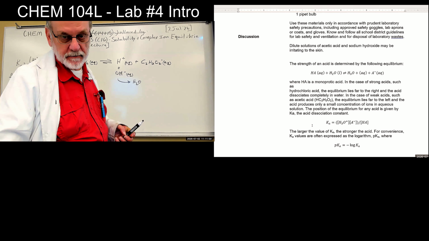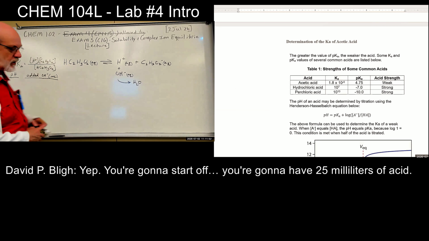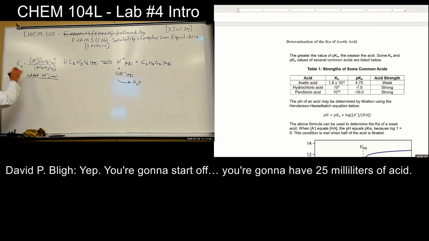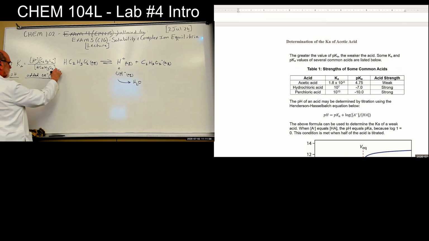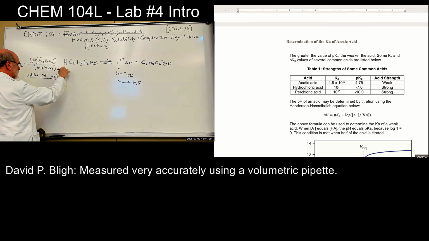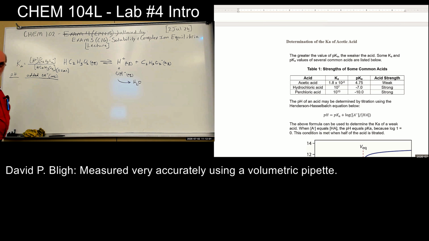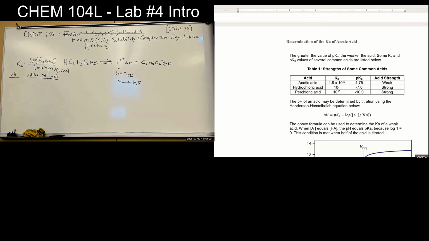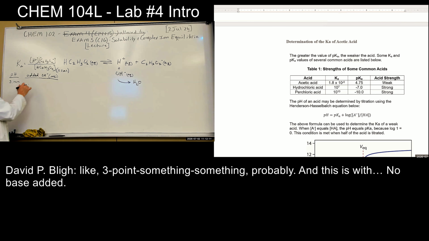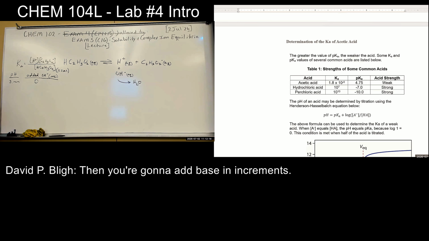You're going to start off with 25 milliliters of the acid, measured very accurately using a volumetric pipette. And the pH is going to be something like 3 point something, probably, with no base added.